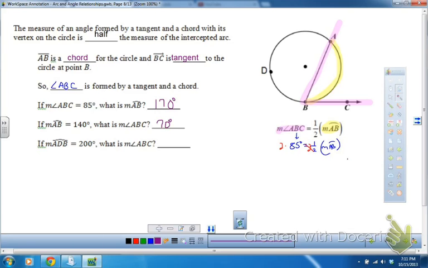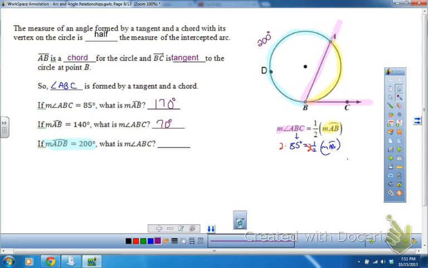Now for the last one, it gets a little trickier. It says the measure of arc ADB, they are referring to start at A, go over to B by first going through D. This large major arc, it's greater than 180, is 200 degrees.